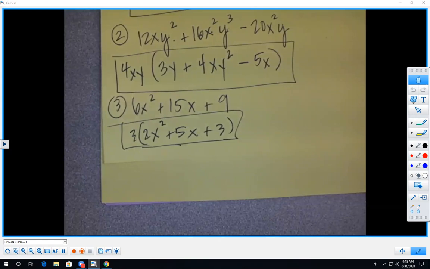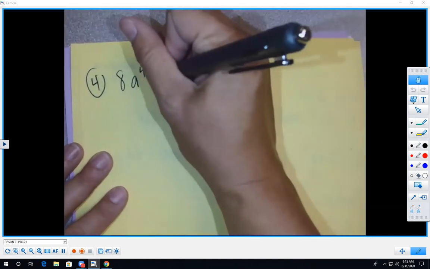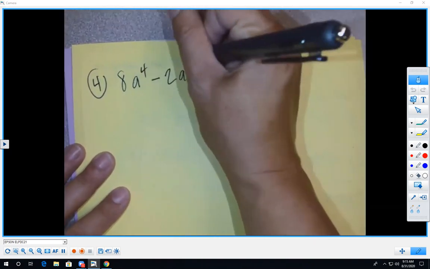Look at this one. If I had 8a to the 4th minus 2a to the 3rd.